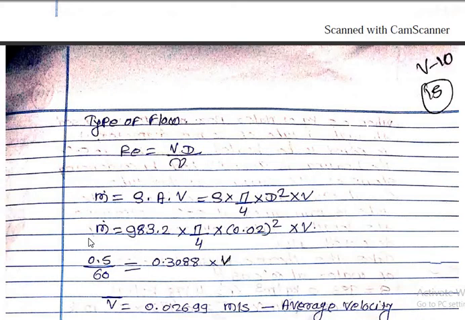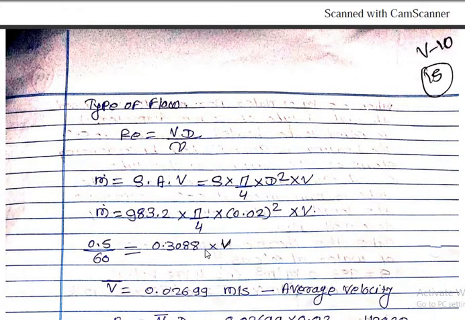We have the mass flow rate in kg per minute, so we have to convert it to kg per second. It will become 0.5 divided by 60. After calculation we get the value 0.3088 multiplied by velocity.